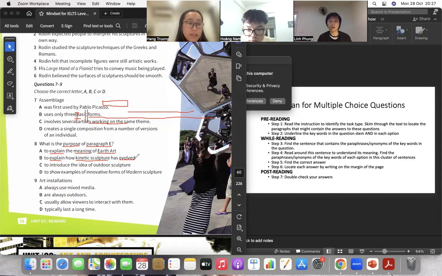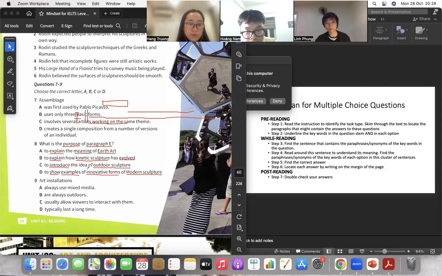So that's evolving. C: to introduce the idea of outdoor sculpture. So it's a different type of sculpture now, not kinetic anymore. D: to show examples of innovative forms of modern sculpture. Again, it's a different type.